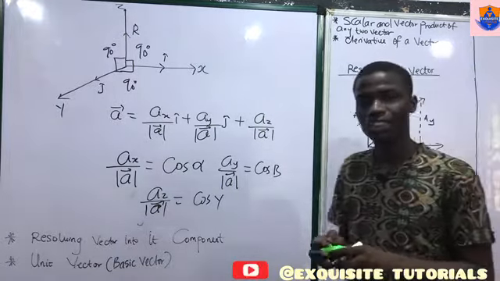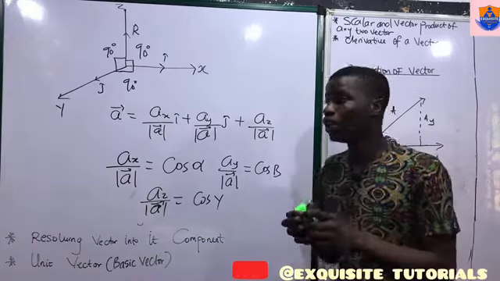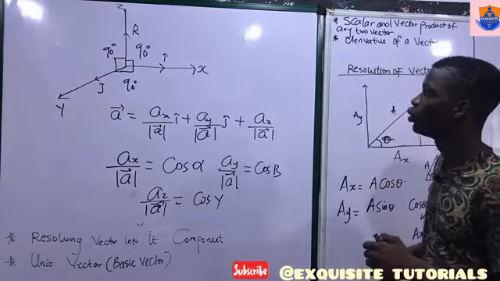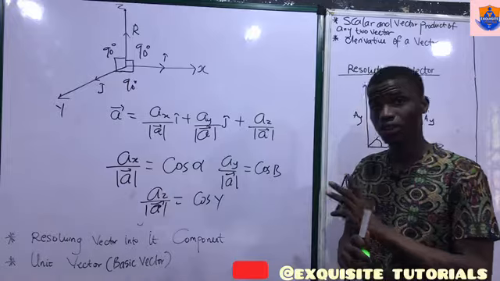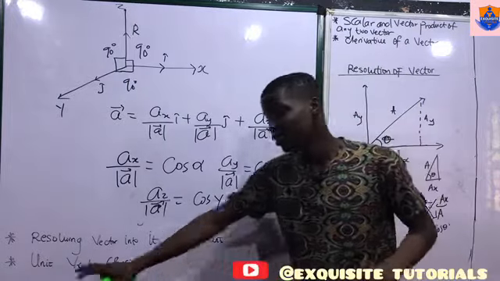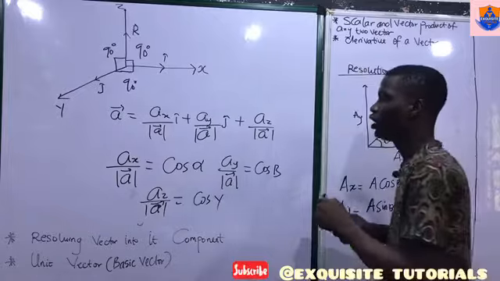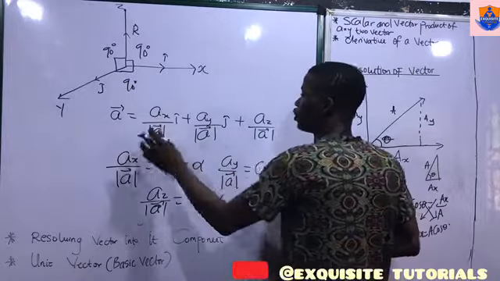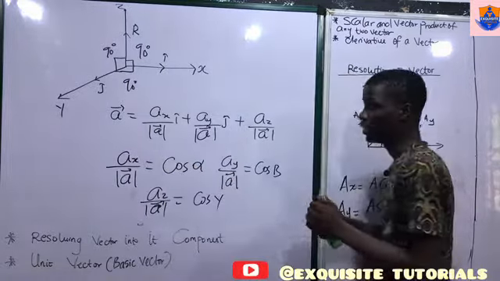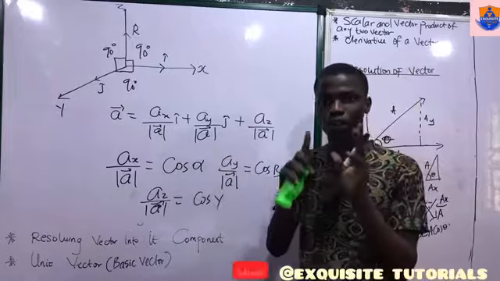Take note, there exist some other forms of vectors that are referred to as unit vectors. First of all, unit vectors have their magnitude equal to 1. That is to say, if I take the magnitude of this whole thing, it will give me 1 at the end.